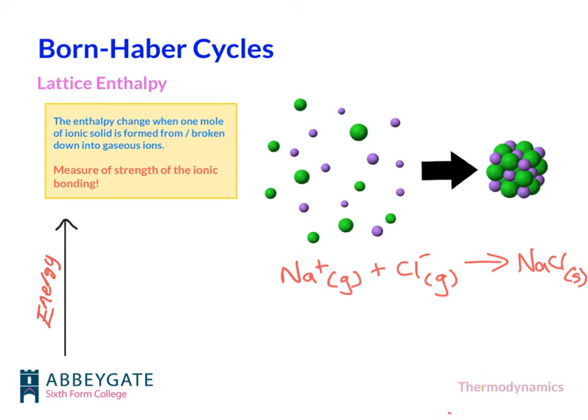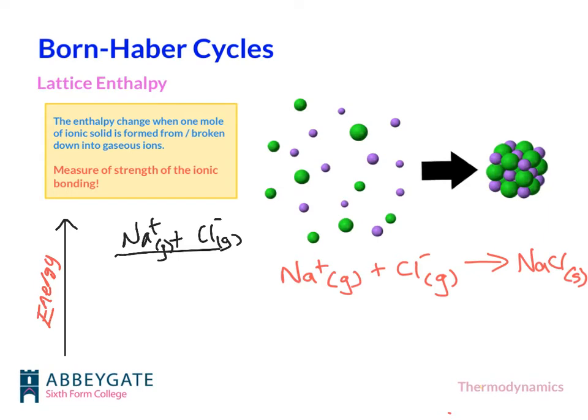This is ionic, so we've got ions and they're so far apart in a gas that there's no ionic interaction, no electrostatic attraction between the sodiums and the chlorides because the ions are far apart. So this is going to be a pretty high energy state. We're going to draw this one up here, where we've got our Na+ and our Cl- in gas form.